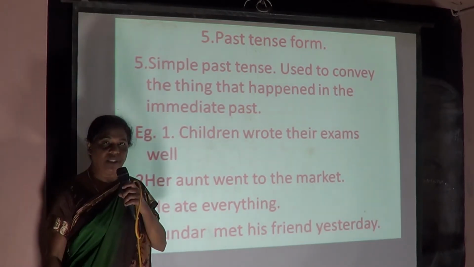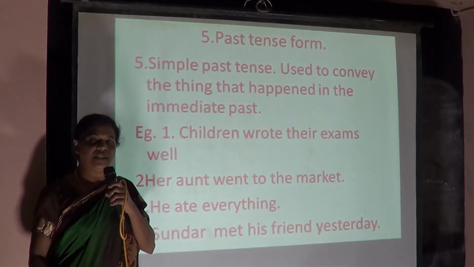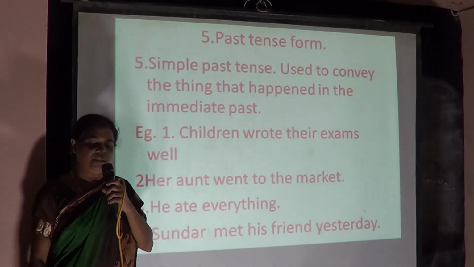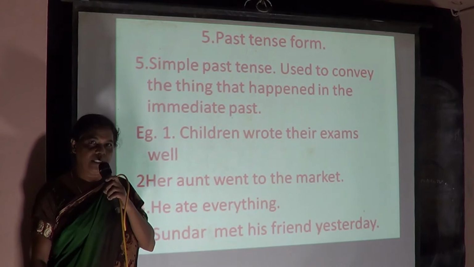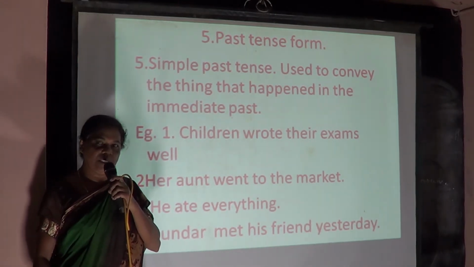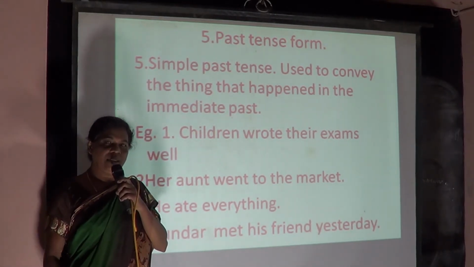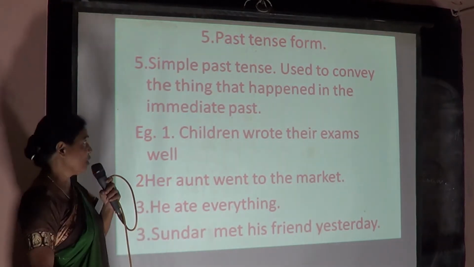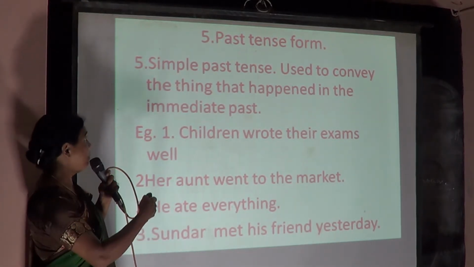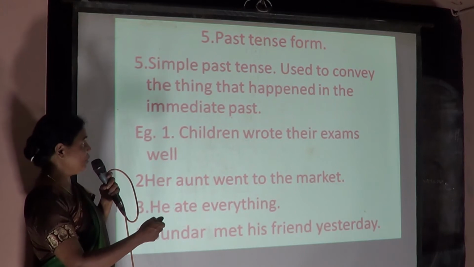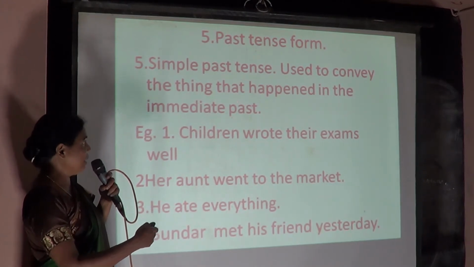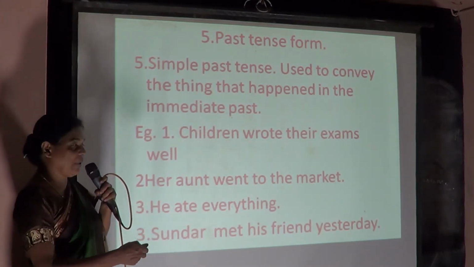The name, simple, tells that it is quite easy, quite understandable easily. So it's going to be the simple past tense. It is used to convey a thing that happened in the immediate past.